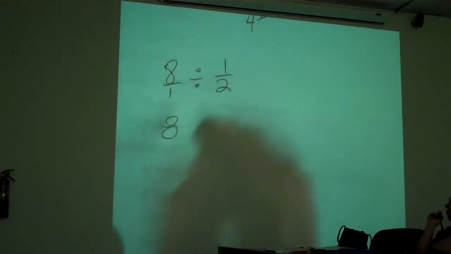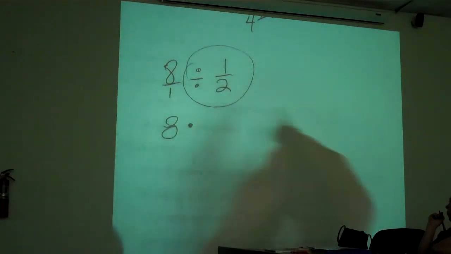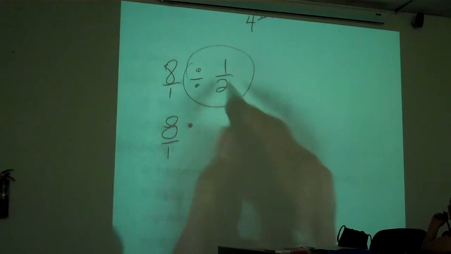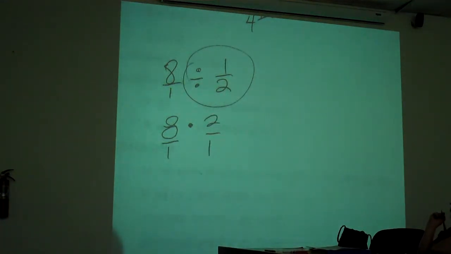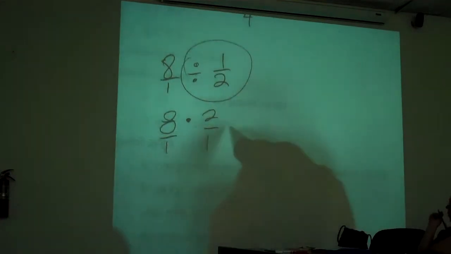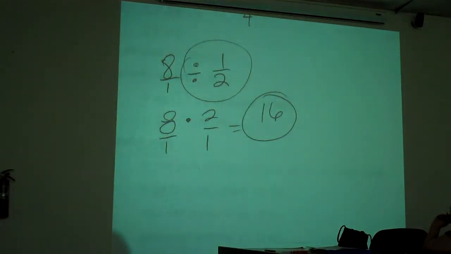You're changing this part to times, times 2. That was 8 over 1, times 2 over 1. Now do you see that it's not 4? See, 8 times 2 is 16. And if you divided 8 into halves, you'd have 16 of them.